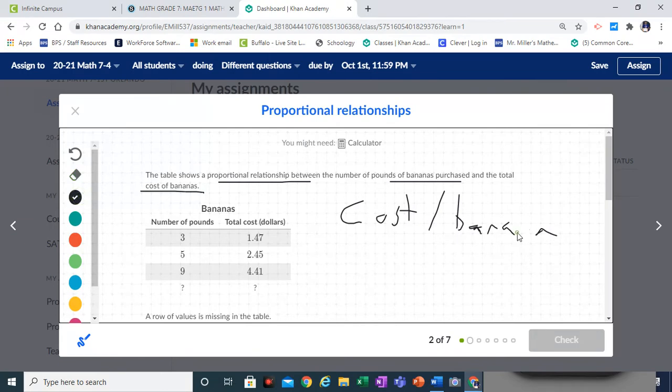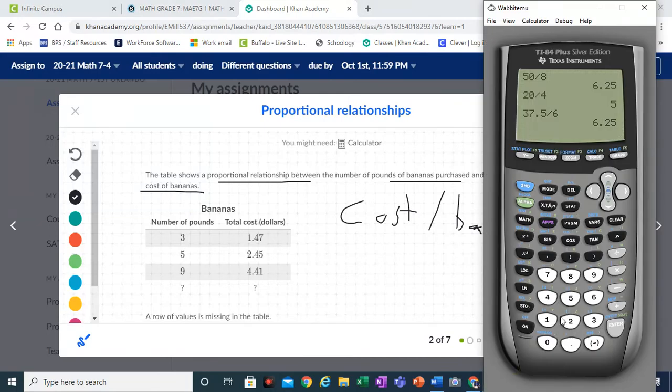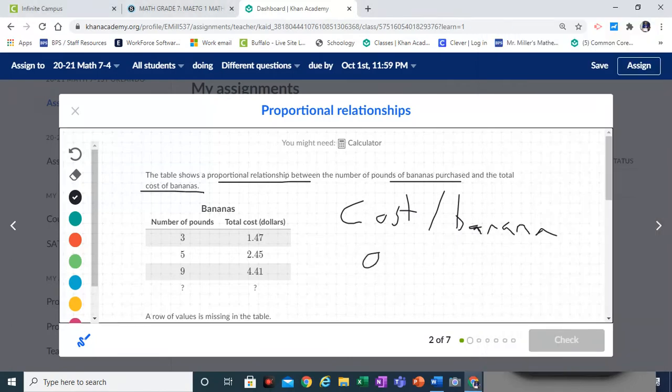All right, so we would do 1.47 divided by 3 to get the unit rate. And the unit rate in this case is 49 cents. So it's 49 cents per, it isn't really banana, it really would be per pound of bananas. So it's 49 cents per pound.